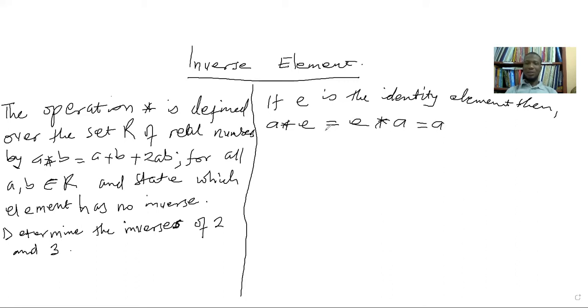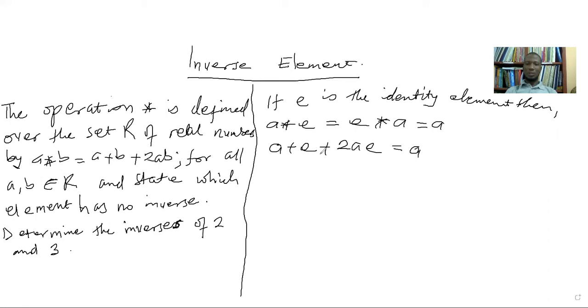So now we are going to fix A and E into this definition that we have here. So that gives us A plus E plus 2AE, and that should give us our A back.